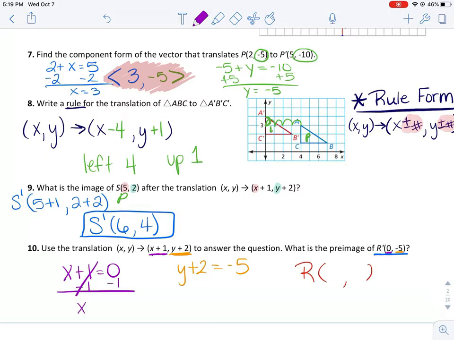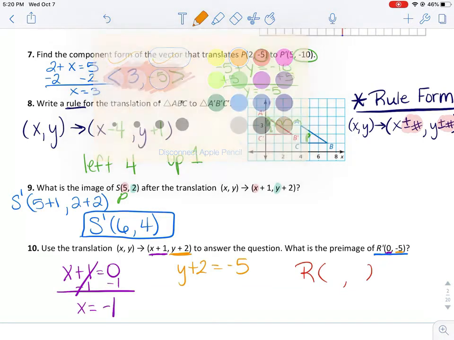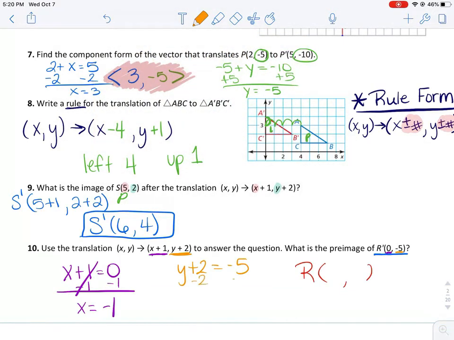Subtract 1 from both sides with my x, and I get -1. Move to my y's, I subtract 2 from both sides, and I get -7.